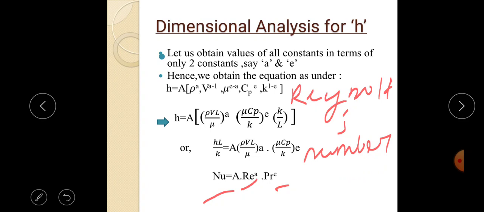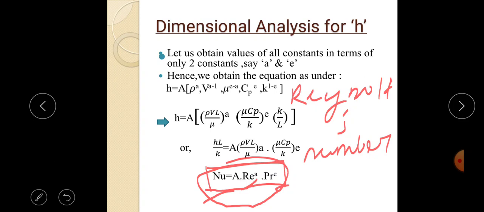Okay, so I think I have discussed all the terms. We have reduced the number of variables. How many variables were there? H, rho, V, mu, Cp, K. 1, 2, 3, 4, 5, 6. Earlier there were 6 variables. Now we have grouped them into 3 dimensionless variables: Nu, Nusselt number; Re, Reynolds number; and Pr, the Prandtl number.